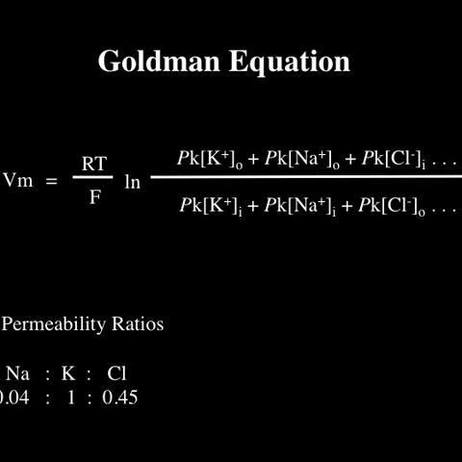Chloride is in a similar place, but the equilibrium potential for sodium is in a very different place. It's plus 55 millivolts. And so when we have an action potential going through and the membrane becomes more permeable to sodium, then we have a great change in the membrane potential. The membrane potential becomes much more positive.